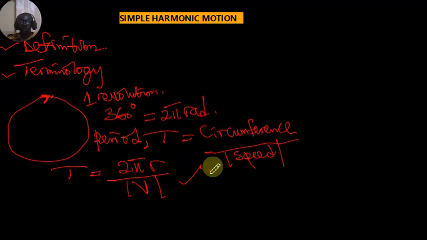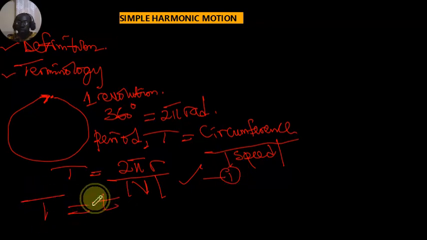We can also use this as the formula for period. Similarly, period is the time taken over the number of oscillations. This is one. Frequency, on the other hand, is the number of complete oscillations made in 1 second.